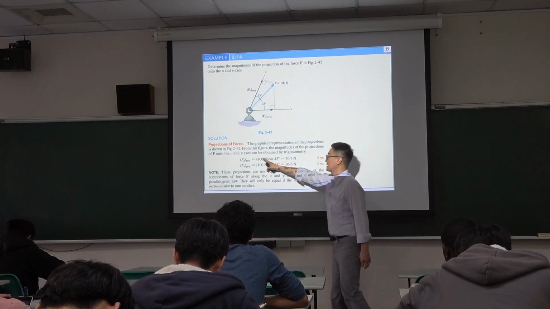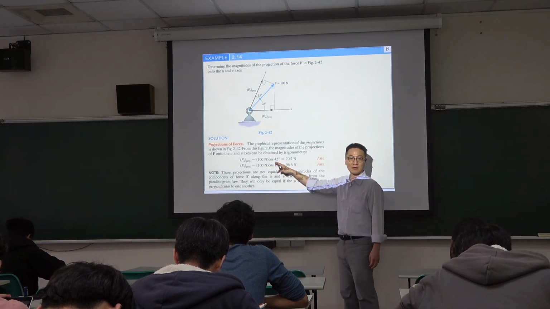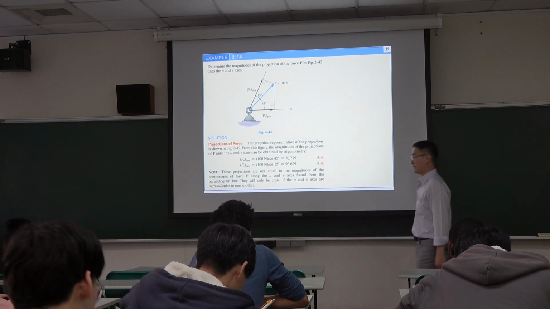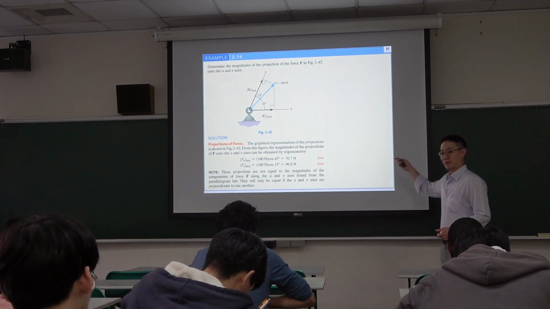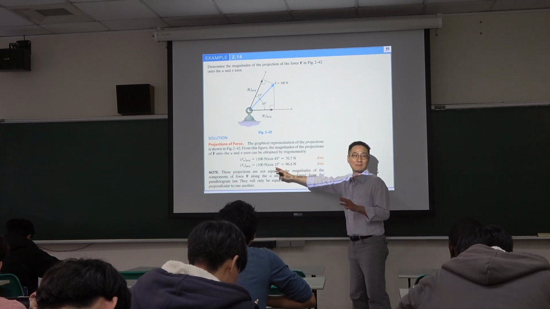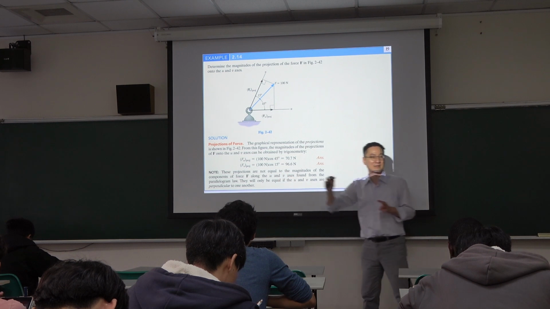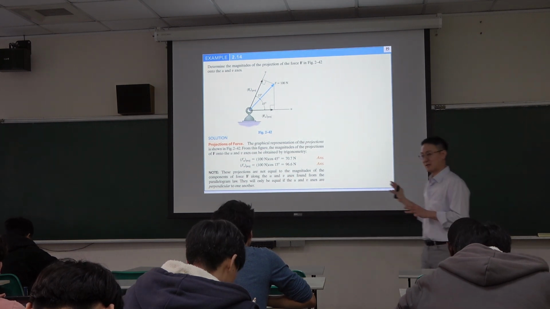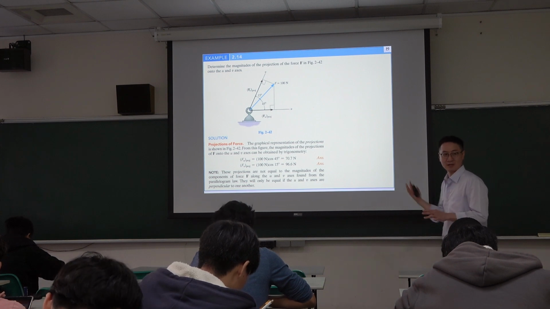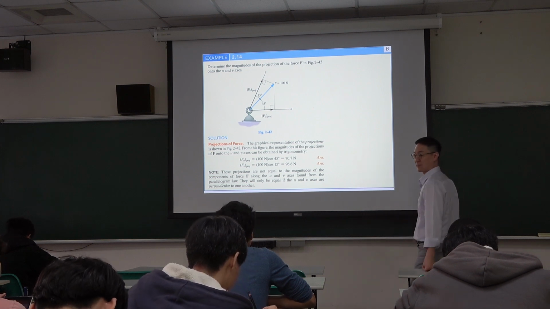We can directly apply cosine or sine relationships to work out the result. However, as I mentioned previously, in a three-dimensional problem we can't find a proper angle, so we use something like the dot product. Probably it's easier for us to work out that information.